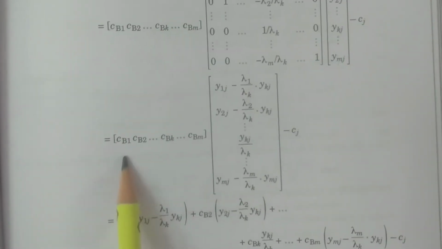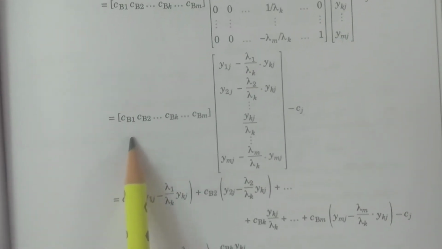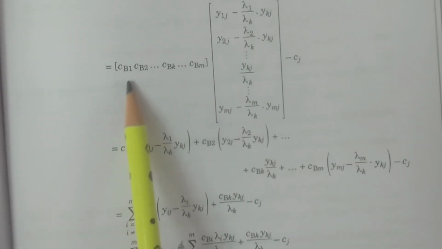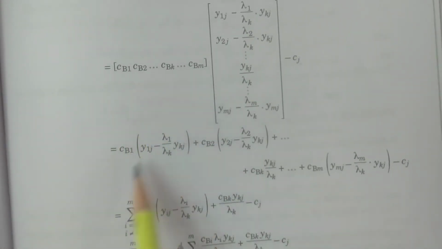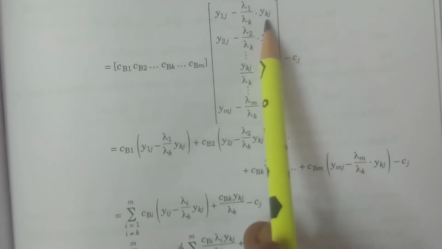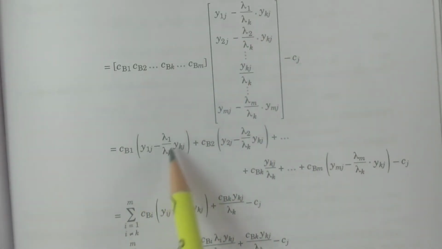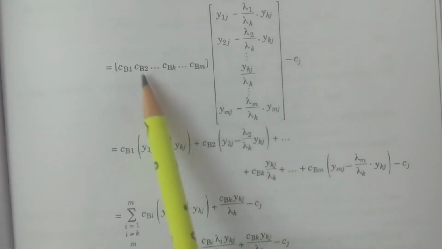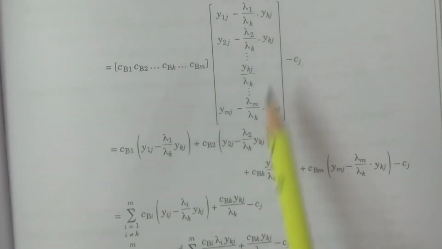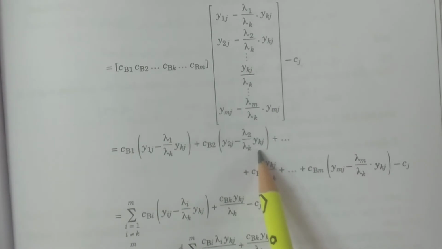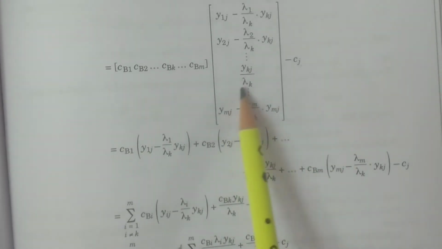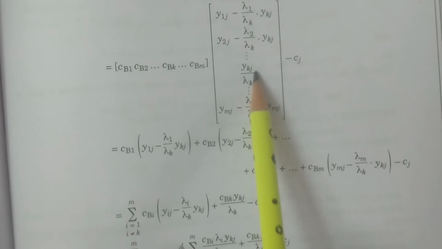So if you multiply with the cost vector cb1, cb2, and so on, cbk, cbm: cb1 multiplied by y1j minus lambda 1 by lambda k into ykj, plus cb2 multiplied by y2j minus lambda 2 by lambda k into ykj, plus, and so on, cbk multiplied by only ykj by lambda k.